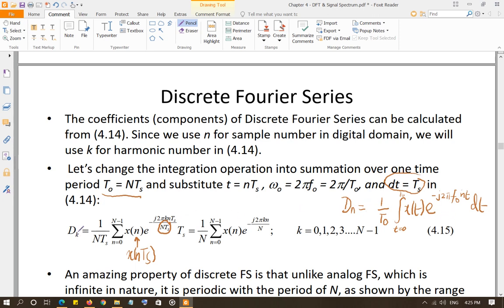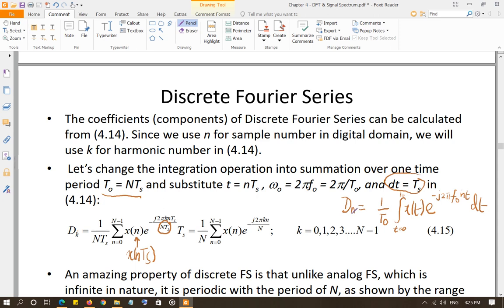Here is a little bit of difference. Over here n was the harmonic. Since we use n for the sample number in the discrete domain, we change the variable for the harmonic from n to k, and keep n for the sample number.